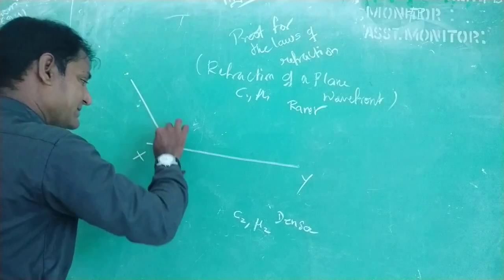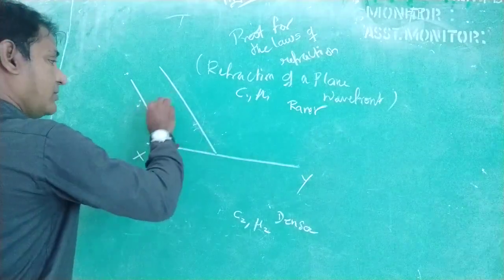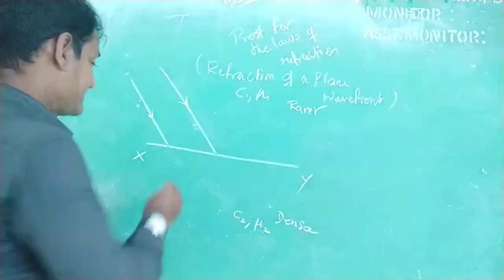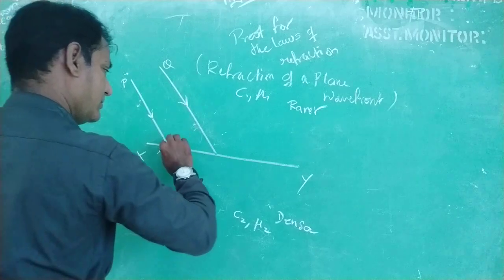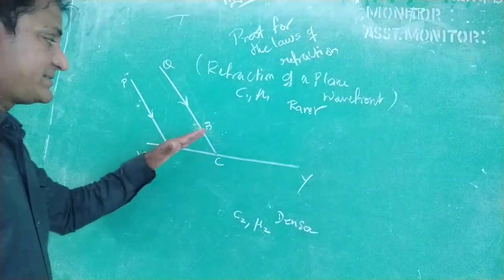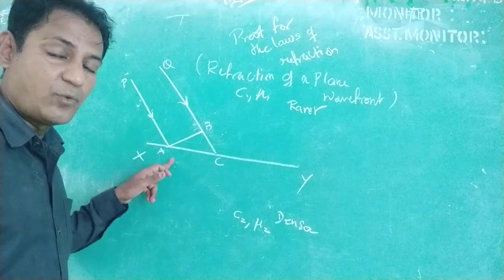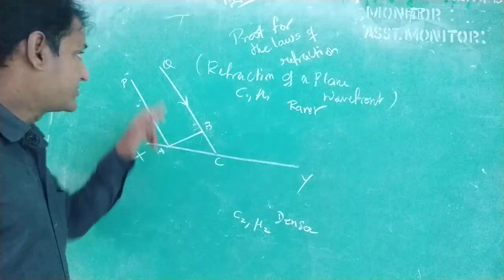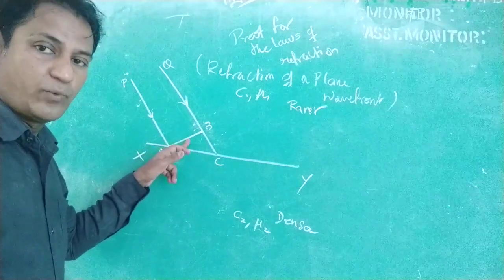So these are the two rays which are incident on this refracting surface, that is PA and QBC. So this AB is called the incident plane wavefront. Since the sources are at infinite distance, the wavefront obtained here is a plane wavefront.